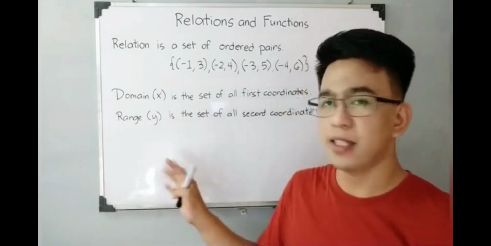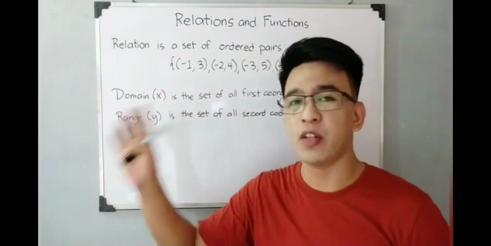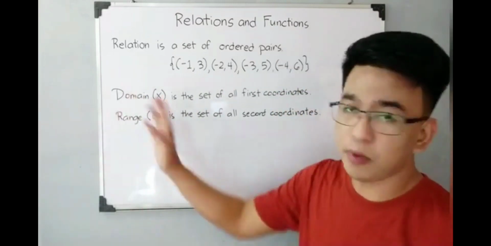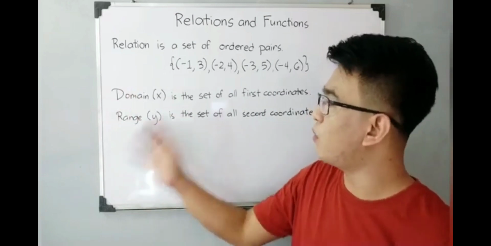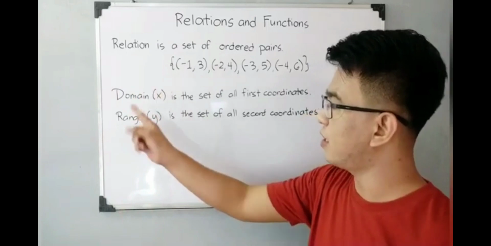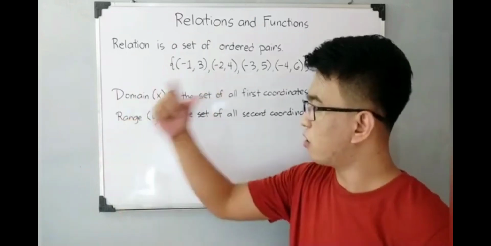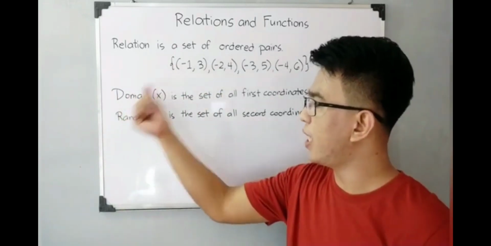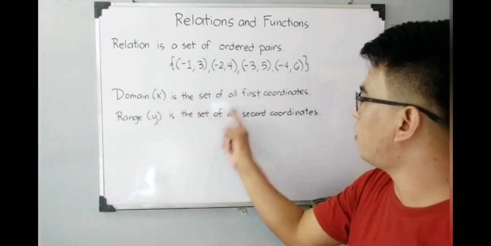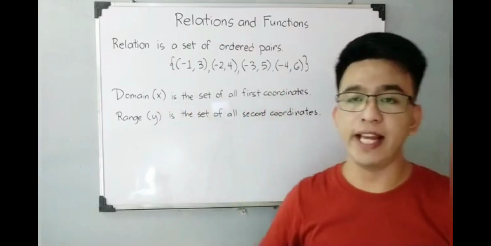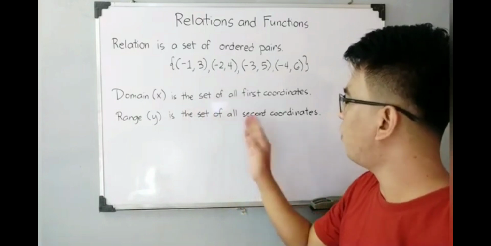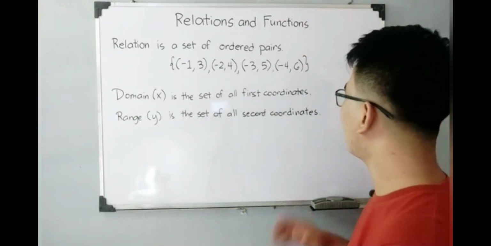Later on, in the next part of our video, I will give you the different ways to represent a relation. So right now, let's proceed to the next terms we will talk about when it comes to relations and functions. We have here two terminologies: the domain and range. Domain, or x, is the set of all first coordinates, while range, y, is the set of all second coordinates.